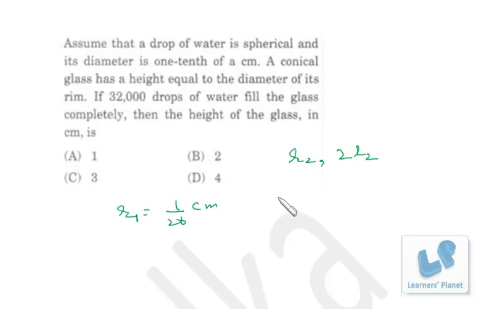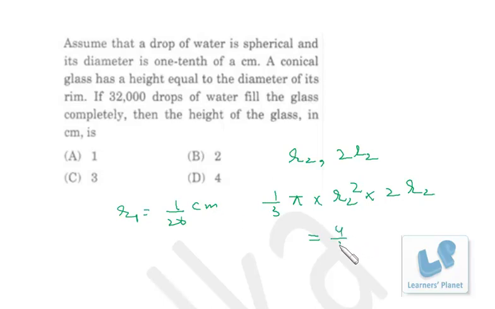Now this glass is nothing but a cone, right? So what is the volume of a cone? That is 1/3 pi r square h. Here r2 square, and h here is 2r2, right? So this is the volume of the cone. Now this is equal to 32,000 drops, right? So what is the volume of one drop?